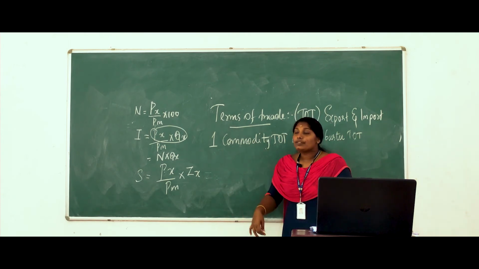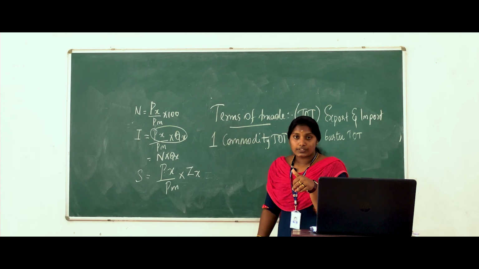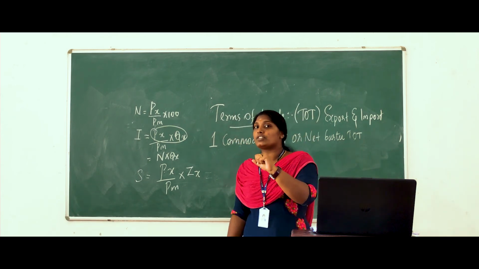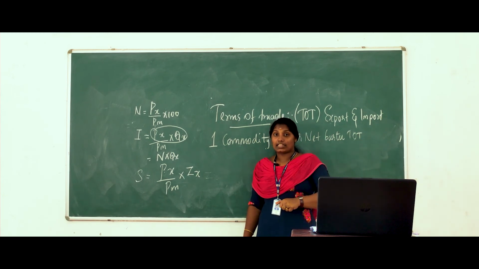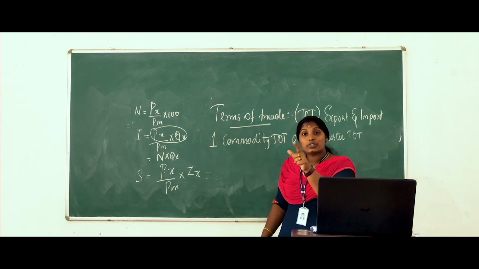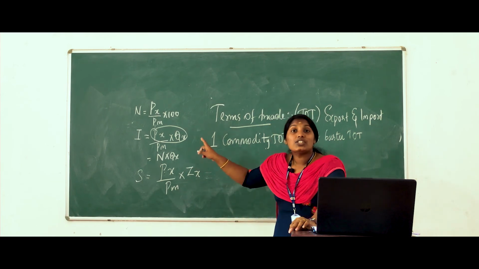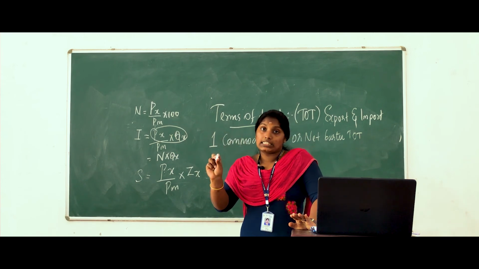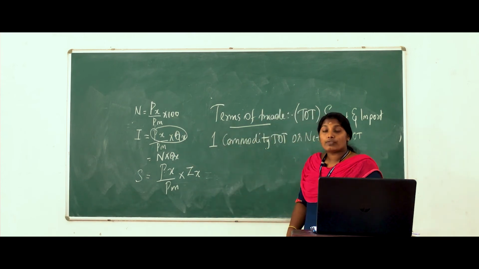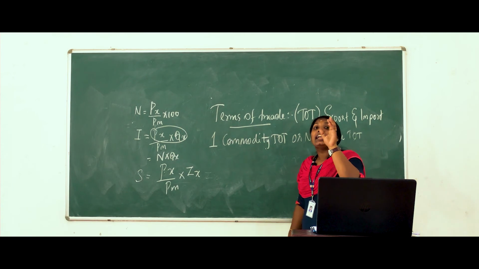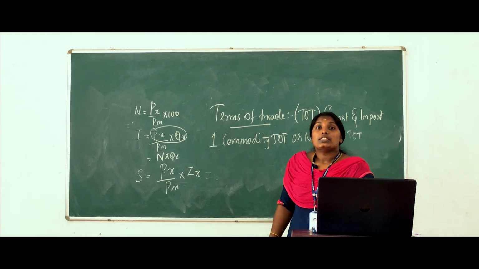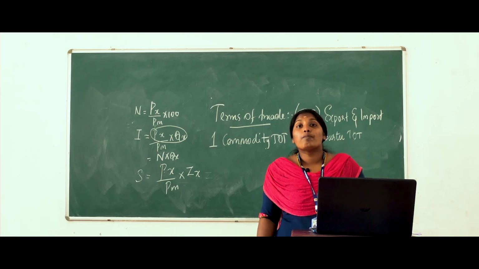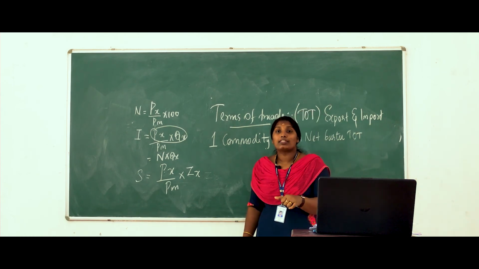Next is double factorial terms of trade. In single factorial terms of trade, only the export index is considered, but in double factorial terms of trade we consider both export and import. The double factorial terms of trade takes into account the productivity index of both the domestic export sector and the foreign export sector.